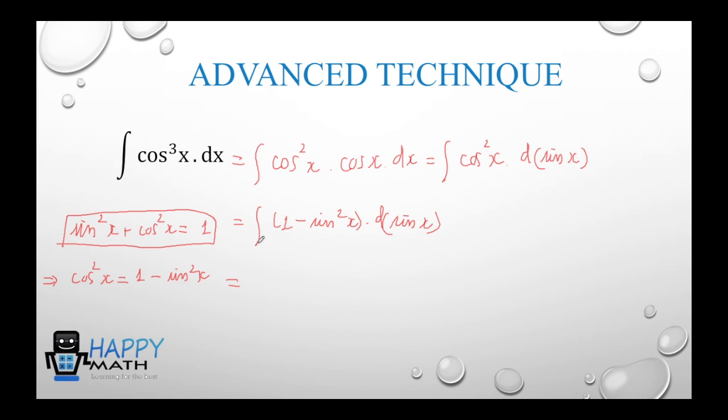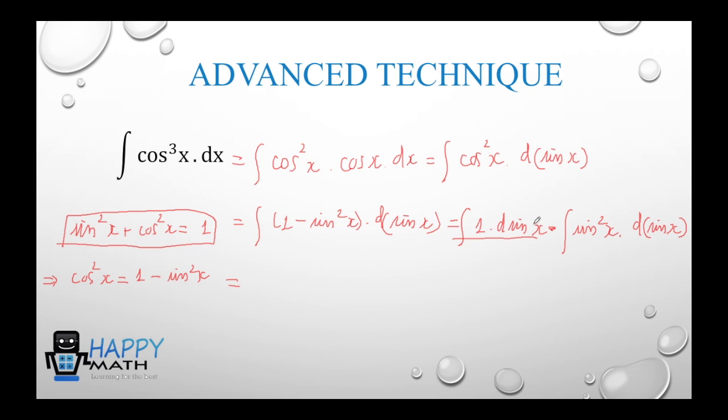And I will separate this integration into two sub-integrations. First one is 1 times d sine x, and minus the second integration, sine squared x times d sine x. We calculate the first one.